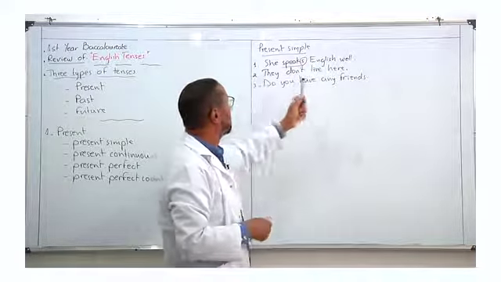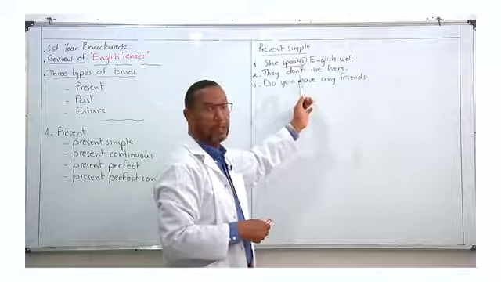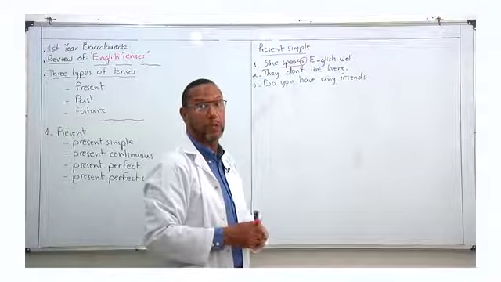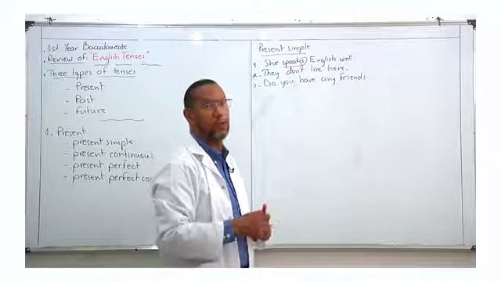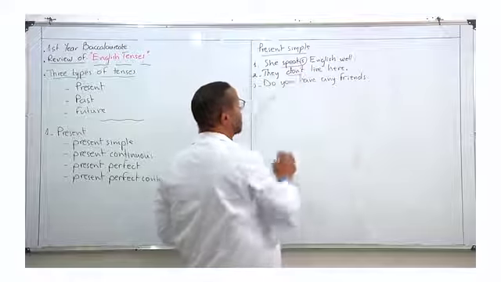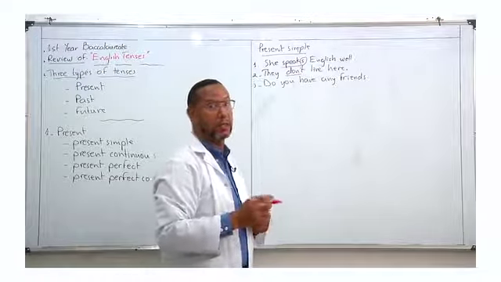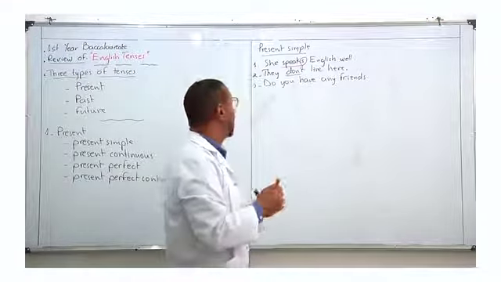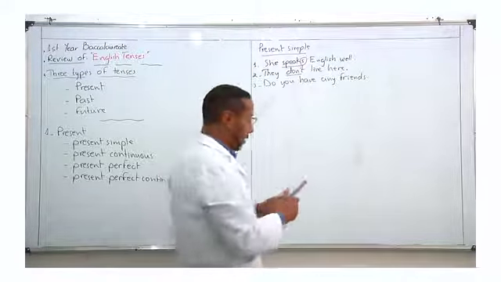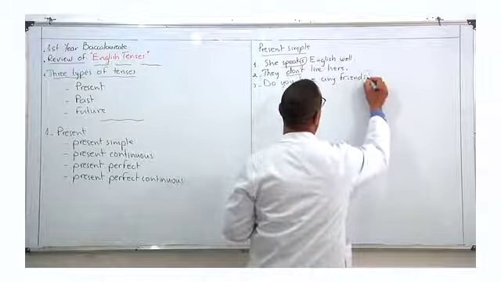Number two, they don't live here. This sentence is in the negative form. Now, how do we make the negative or change the verb from affirmative into the negative? By adding don't or doesn't, depending on which pronouns we have. Here we have a sentence in the interrogative form.